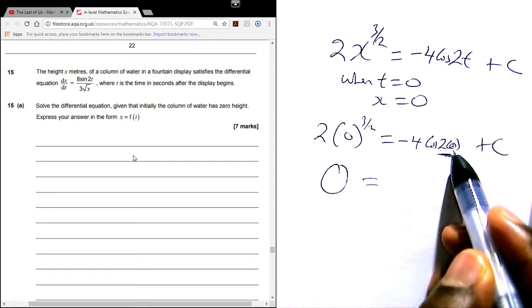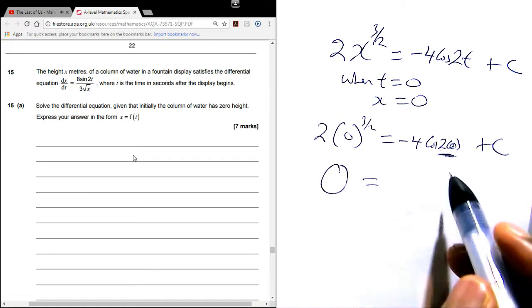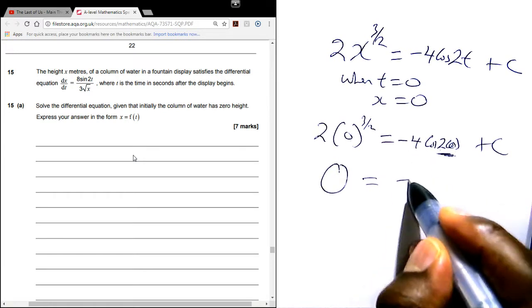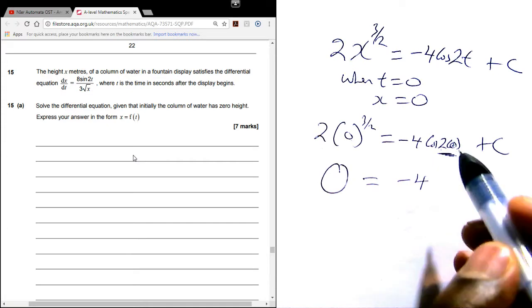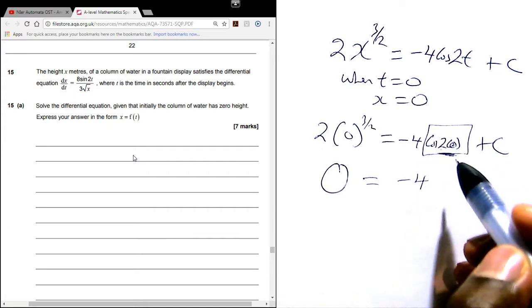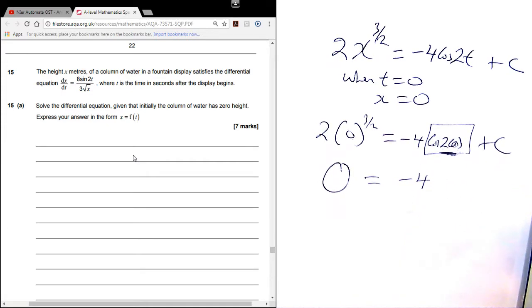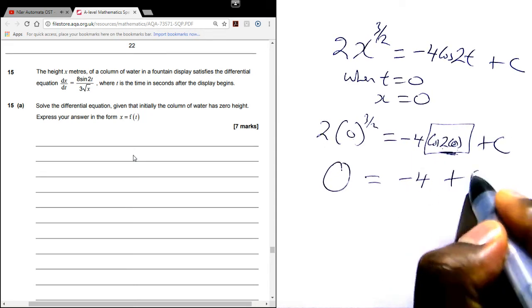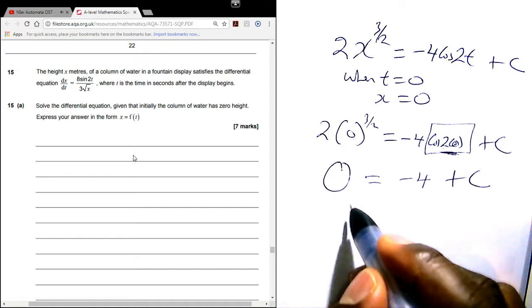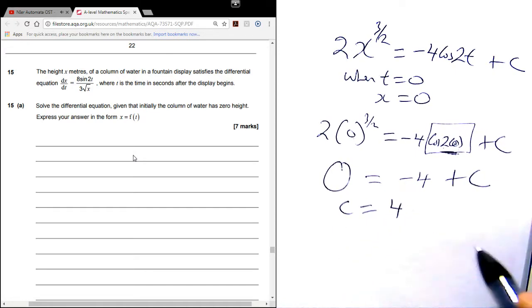Cos of 0 is 1. Negative 4 times 1 is negative 4. So take note, cos of 0 is 1. You can use your calculator to verify that. And then plus c. So if you look at that critically, you'd see that therefore c equals 4.